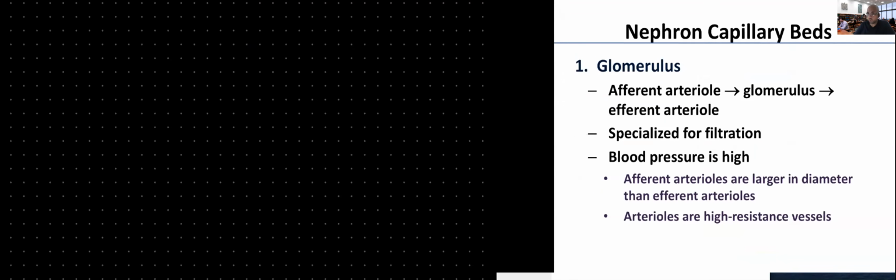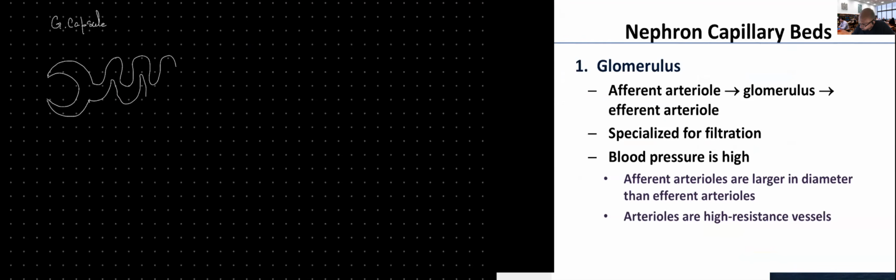So again, a quick reminder of the structure of the nephrons that we've seen before break. We've got here this cup-shaped tube. This is my glomerular capsule. And we've got sets of tubules on here. Those are my proximal convoluted tubules.